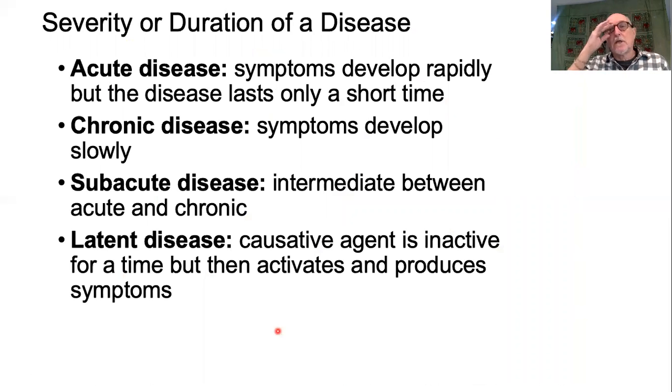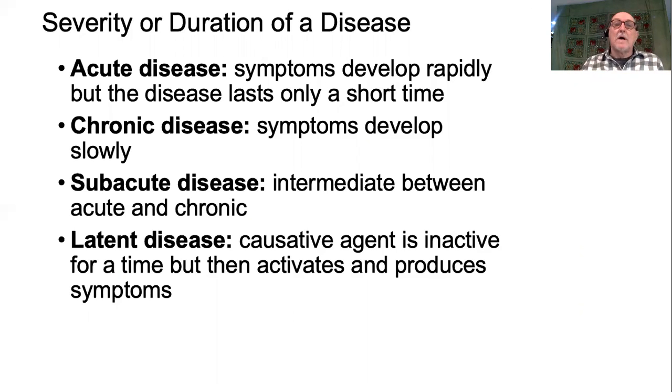Okay, let's talk a little bit about the progress of disease, the process of disease itself. Again, there are just some terms that we have to get straight, and so I'll try to illustrate them wherever I can. An acute disease is a disease where the symptoms develop very rapidly, but the disease only lasts a short time. COVID would be one, influenza another.